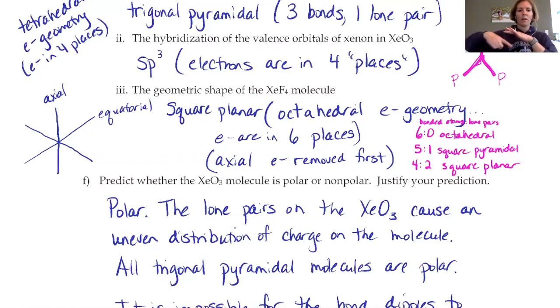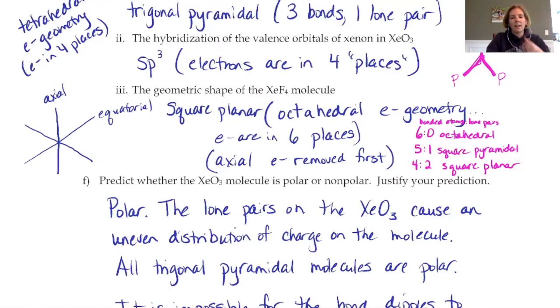Think of the equator on planet Earth, right? So if you have octahedral electron geometry, where the electrons are in 6 places, they're going to remove the axial electrons first. The top and bottom ones are where lone pairs would go if you have a choice of where to put those lone pairs, right?